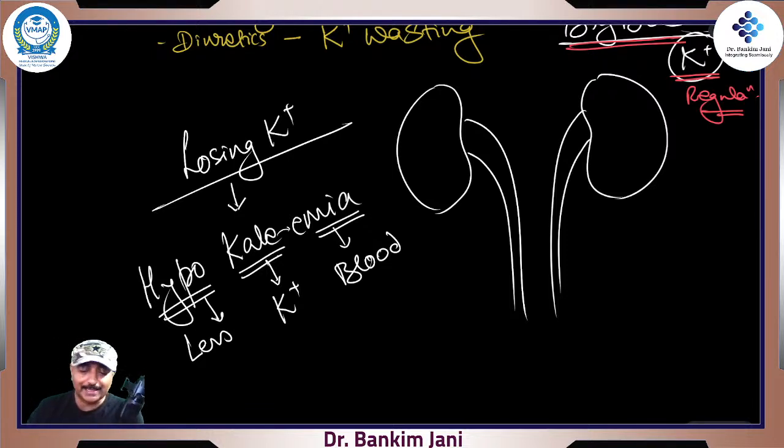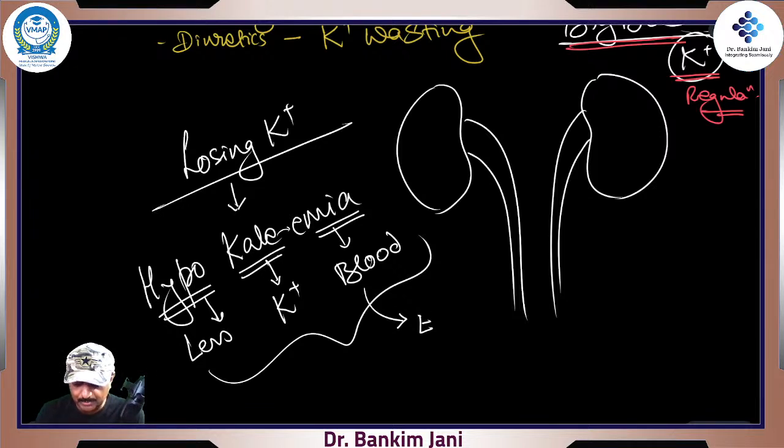So when there is hypokalemia, there is less potassium in the blood, and when there is less potassium in the blood, that means we are talking about ECF. Is that fine? No confusion in this. Hypokalemia means there is less potassium in the extracellular fluid.